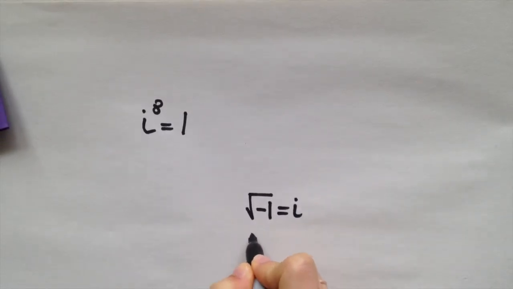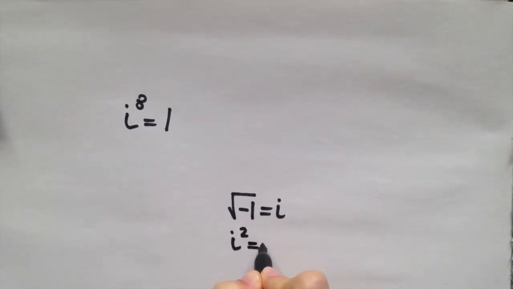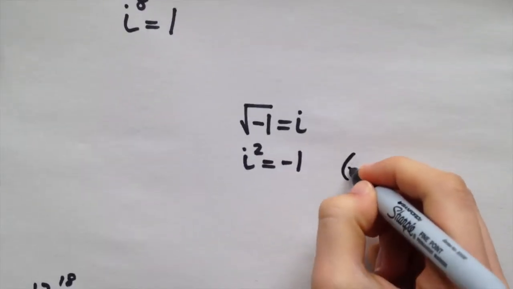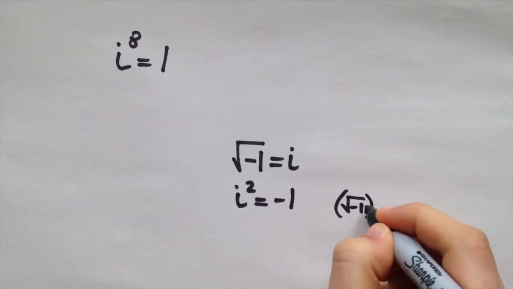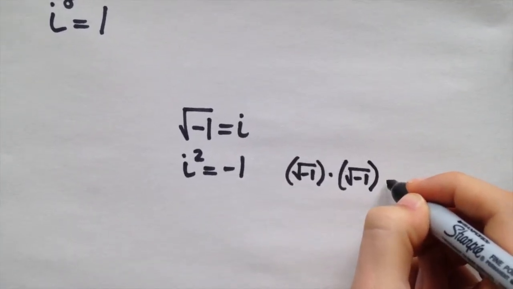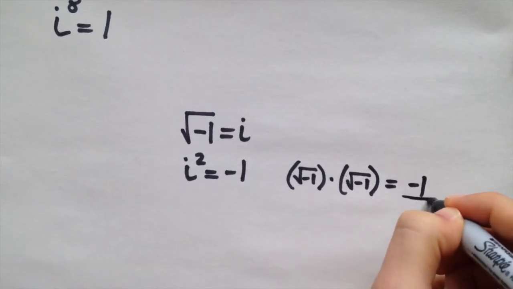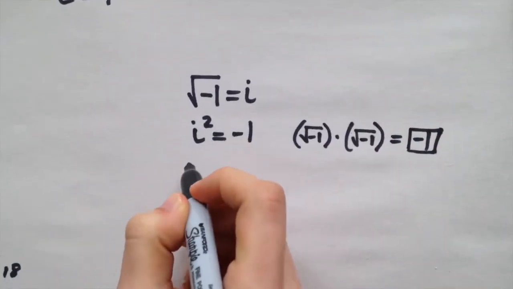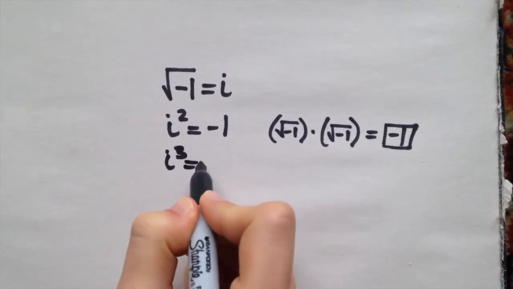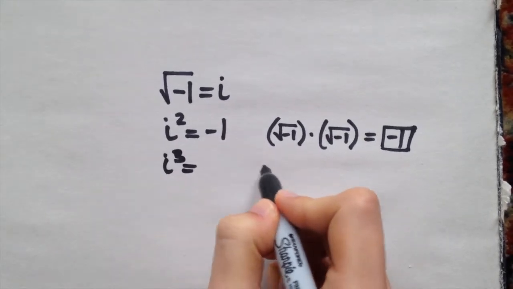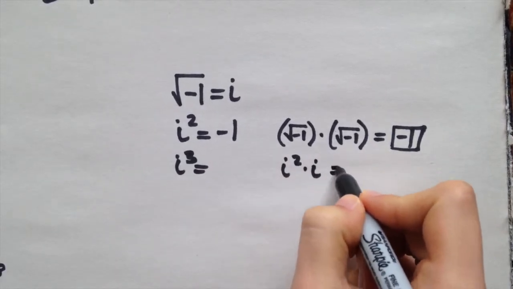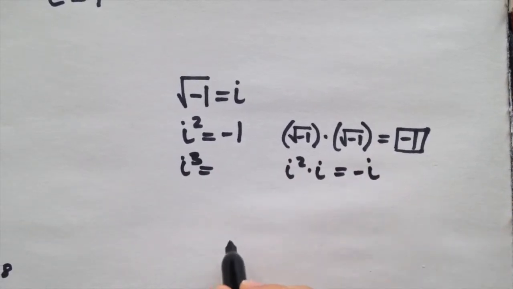Then i squared equals -1, because -1 times the root of -1 is equal to -1. Okay, so then we have i cubed, which is equal to i squared times i, right? And i squared is -1, so it is negative, so that equals -i.